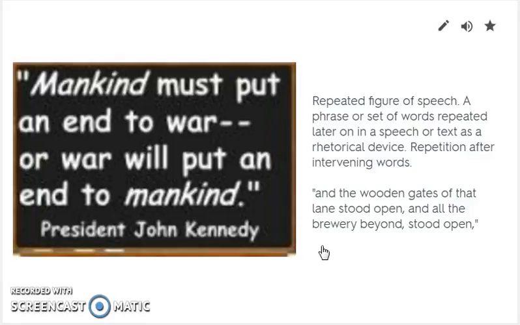An example from the story: "and the wooden gate of that lane stood open, and all the brewery beyond stood open." So you have "stood open" over here, and some intervening words, and "stood open" again. "Mankind must put an end to war, or war will put an end to mankind," President Kennedy said.